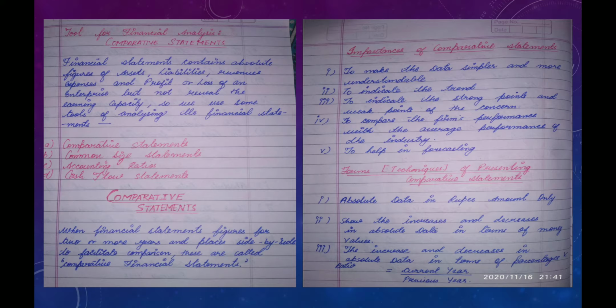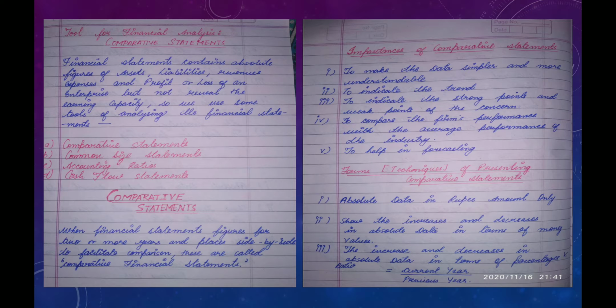So what are the techniques of presenting comparative statement? First of all, absolute data are presented in rupees only. Then you can show the increase and decrease of data. If there is an increase, it will be written in the same manner, but if it is negative, then you should bring it in brackets.